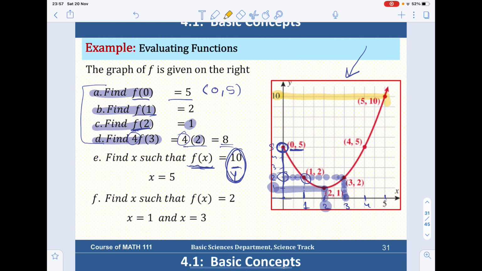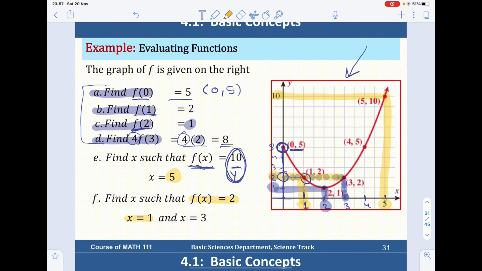Then I will go vertically to the x-axis. So the point is 5. Okay, same thing here. f of x equals 2. So I'm going to the 2 on the y-axis, then horizontally until I hit the graph. Then I'm going down to the x-axis. So the value is x equals 1.